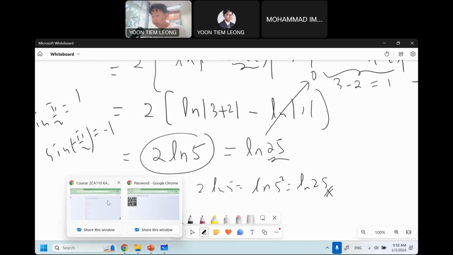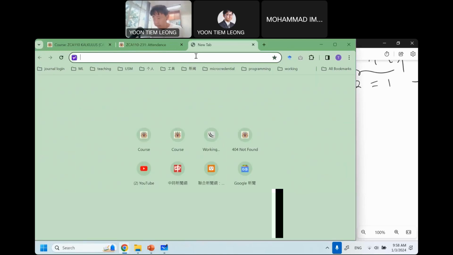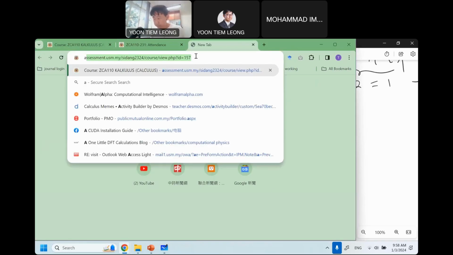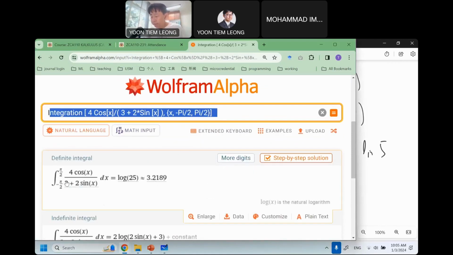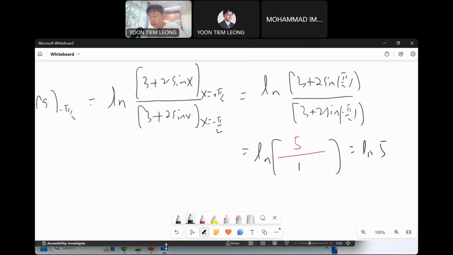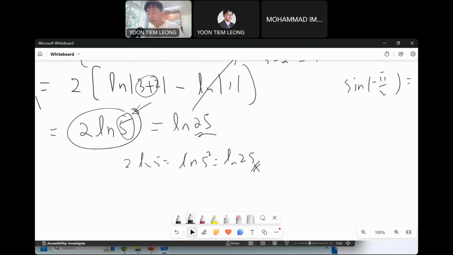To make sure that I am doing this correctly, I would like to check the solution using Wolfram Alpha. When I check it against Wolfram Alpha, the definite integration is log of 25, exactly equal to the value I just calculated.